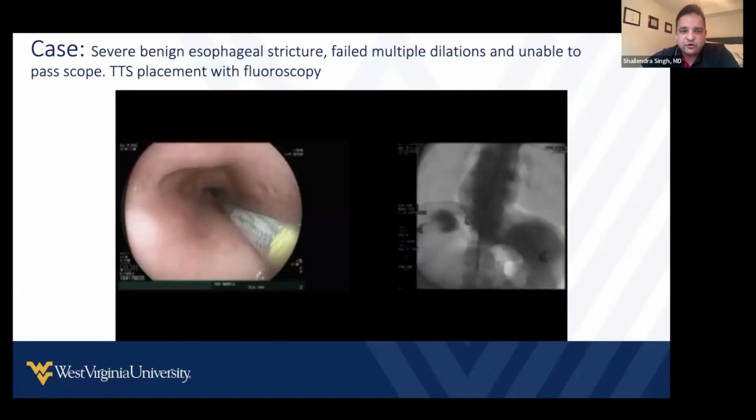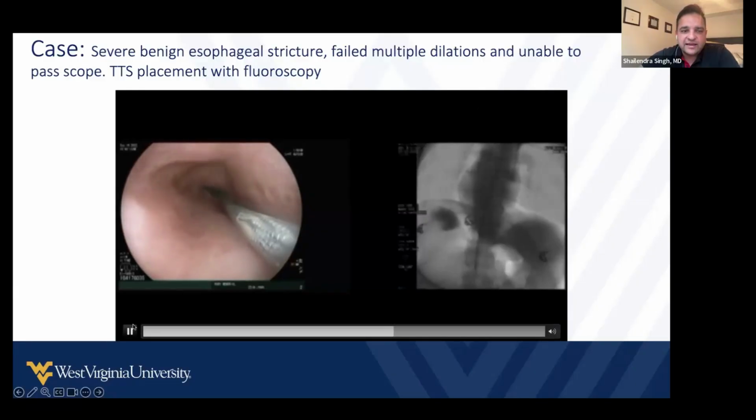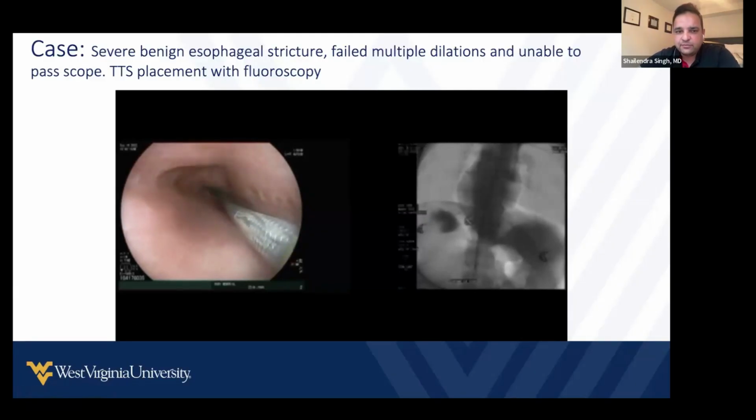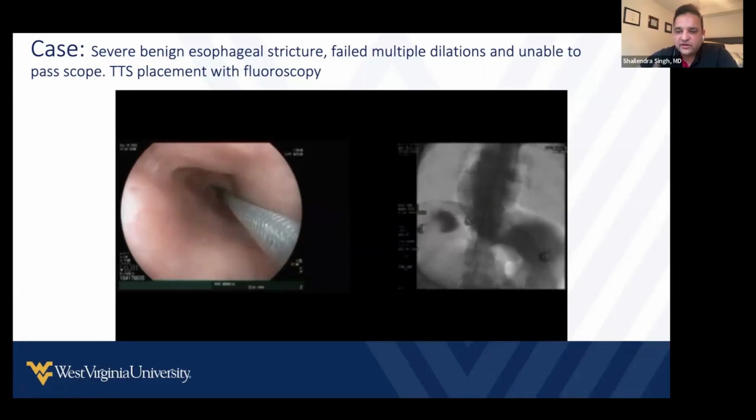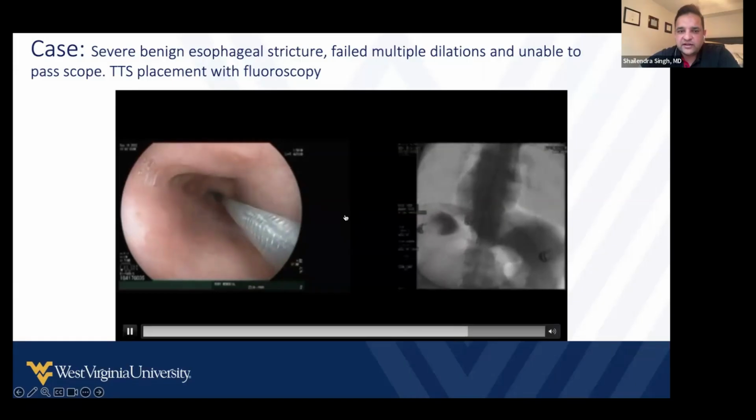With this injection of contrast on fluoroscopy, I can see how long the stricture is and how narrow it is, and then I can place my stent under direct endoscopic and fluoroscopic visualization. Here we will see the stent is expanding, and then I have marked my dimension. I'm controlling it here. I can also use fluoroscopic guidance to place these stents.